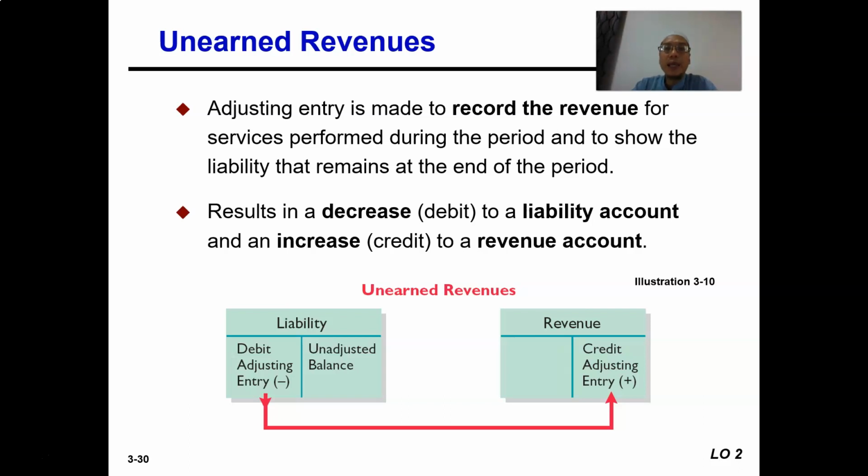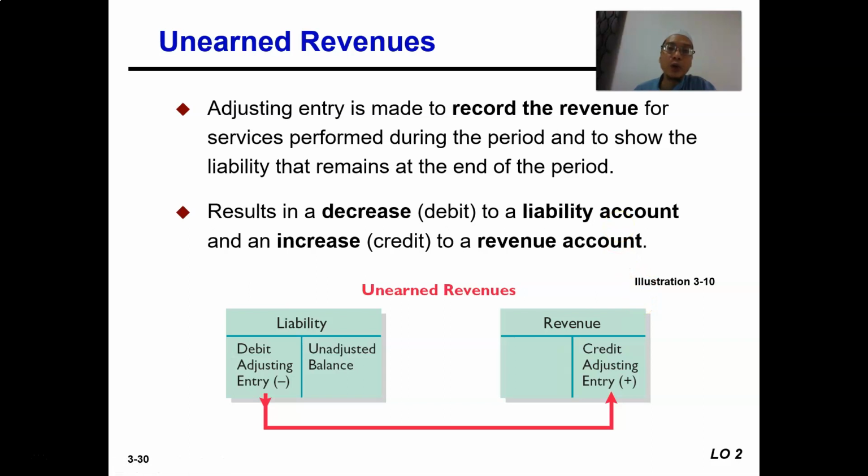But at the end of a certain period, some part of the service could have been rendered. We could have given out some of the service. Therefore, we need to recognize that some of the revenue has actually happened. So to do this recognition of our revenue, we need to decrease our liability because we have done some of our part.